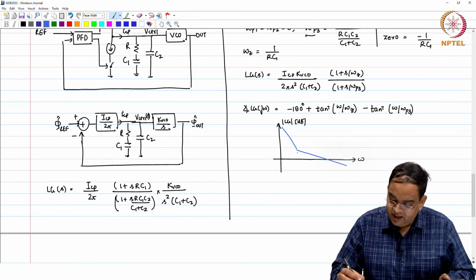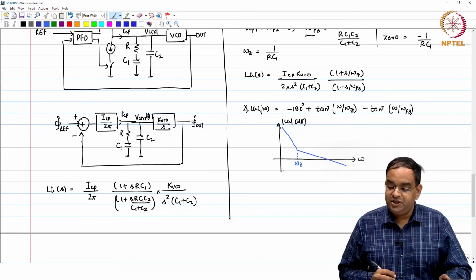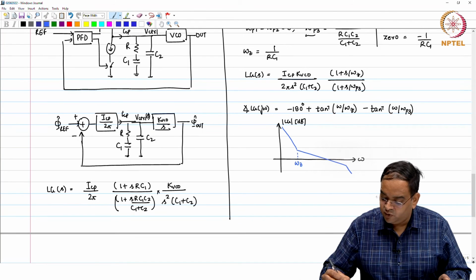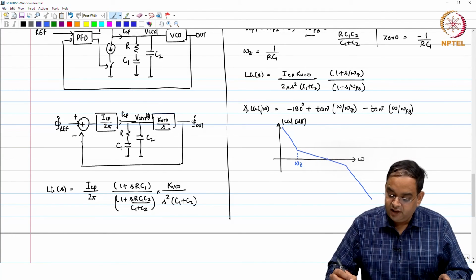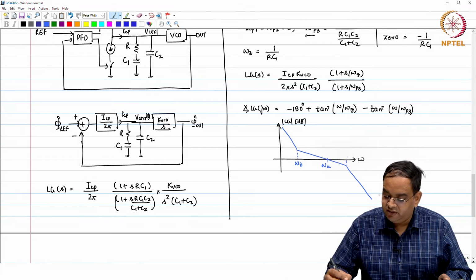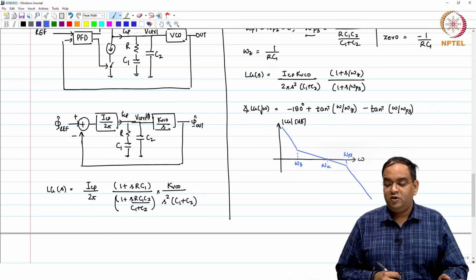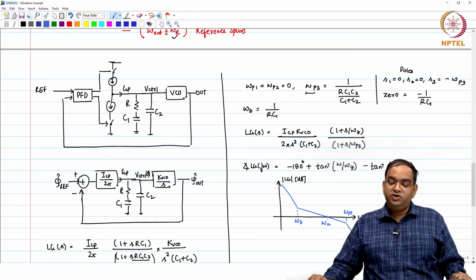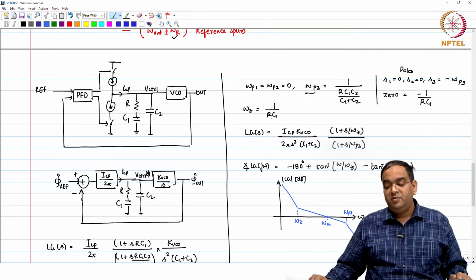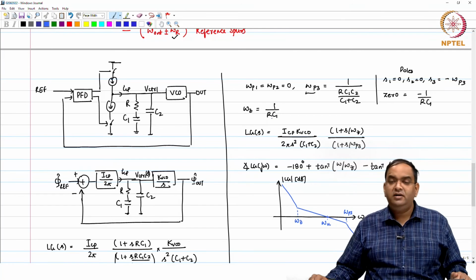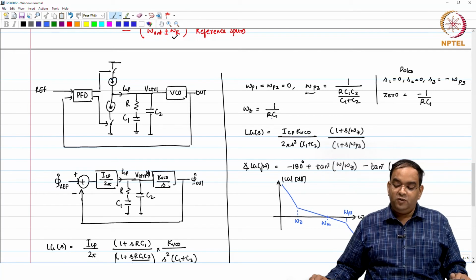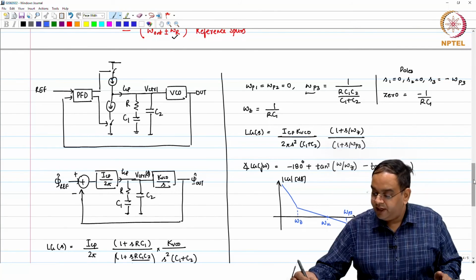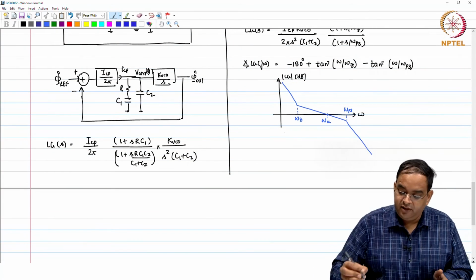Then depending on the position of our omega p3, I am going to have the second pole. This is one option which you see, that my omega p3 is coming after omega u. Okay. Looking at these things, you can very well say omega p3 is surely going to be larger than omega z, because C1 C2 by C1 plus C2 is lesser than C1. But whether omega p3 is going to be greater than omega u or less than omega u, that we do not know.